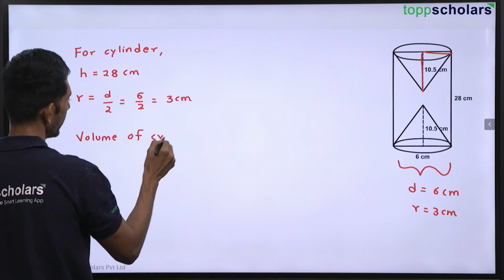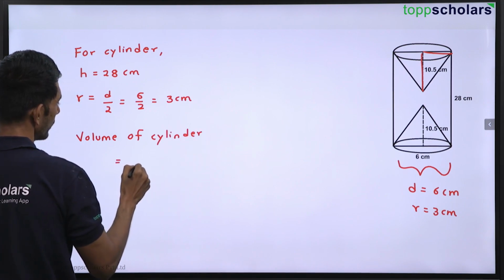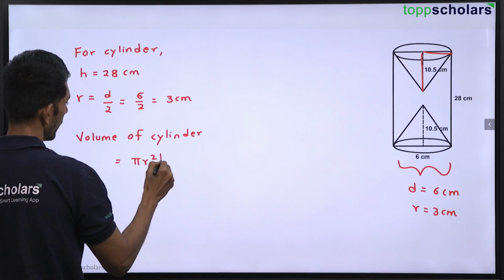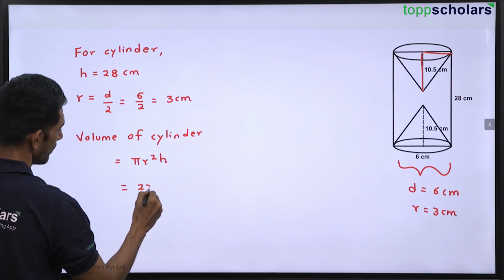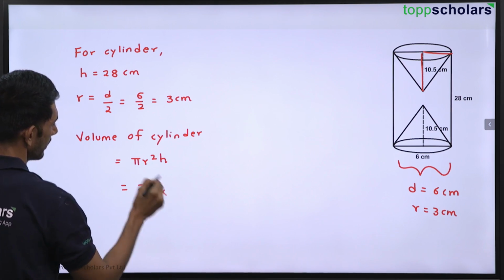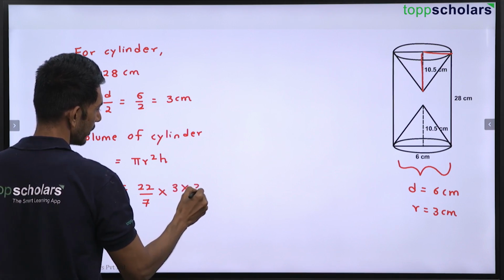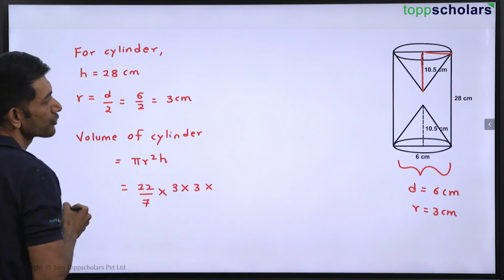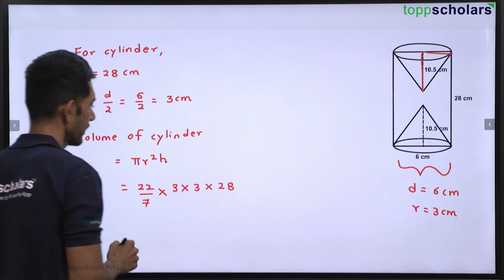The volume of cylinder will be equal to pi r square h, that is 22 by 7 into r square. R square is 3 into 3 into h. H is 28, correct? You can solve this.